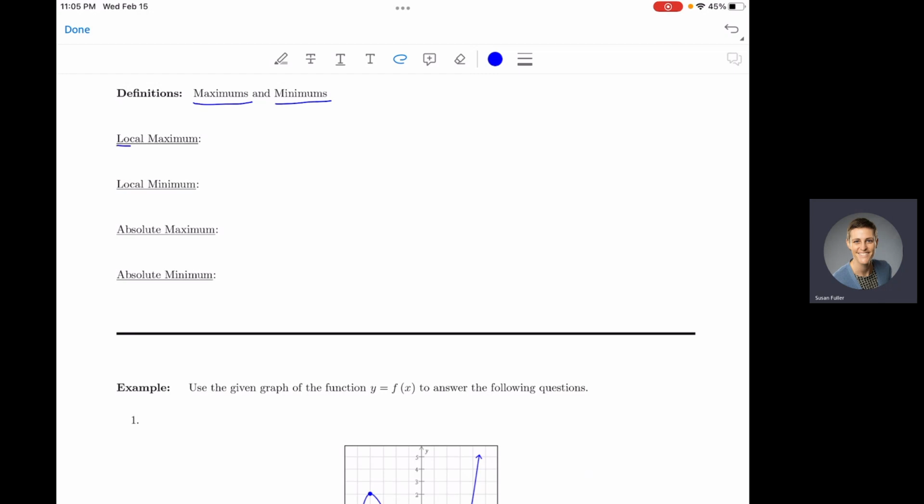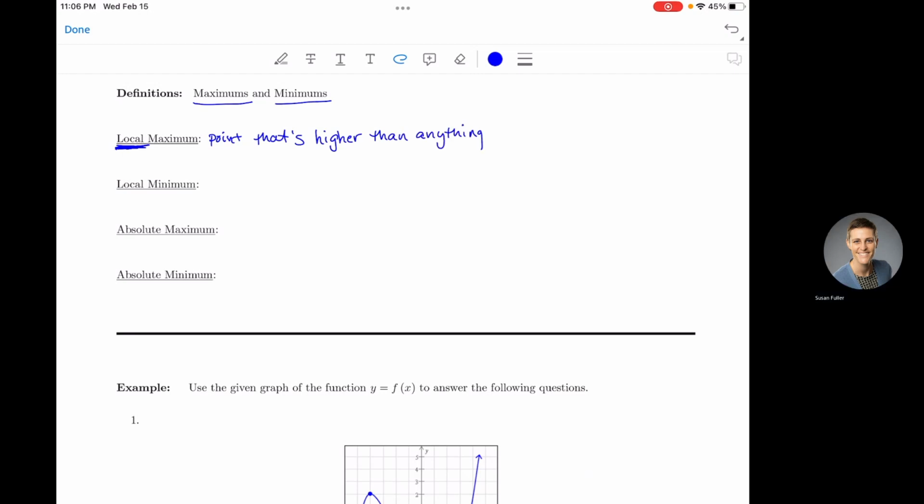So a local maximum is basically just a high point that's just local. So it's really a point that's higher than anything directly around it.